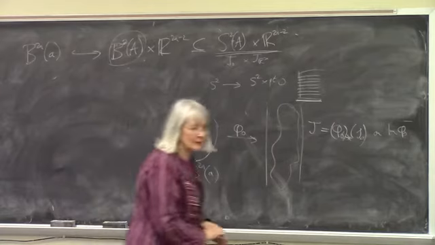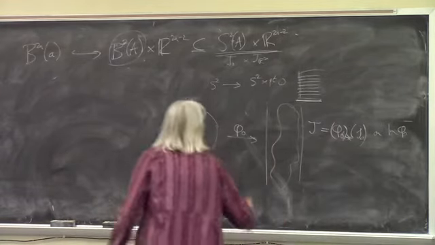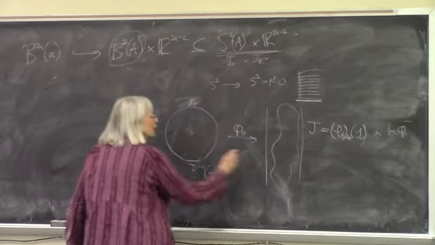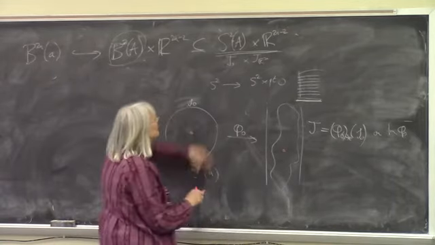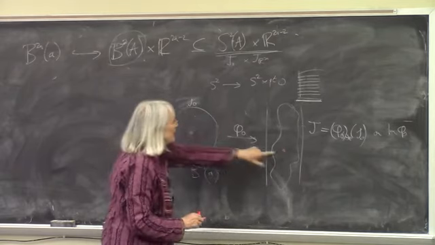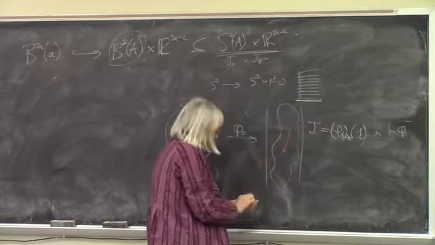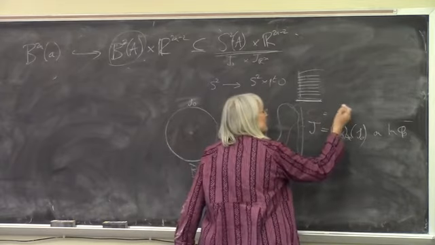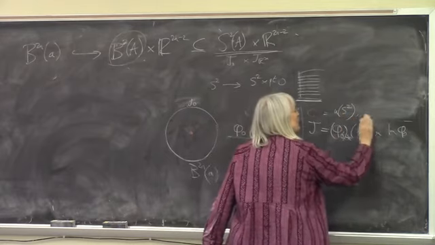And then you look at the center point of the ball, which goes to wherever it goes. The deformation theory tells you that through this point you always have some curve C, which is the image of a two-sphere, and it's J-holomorphic.